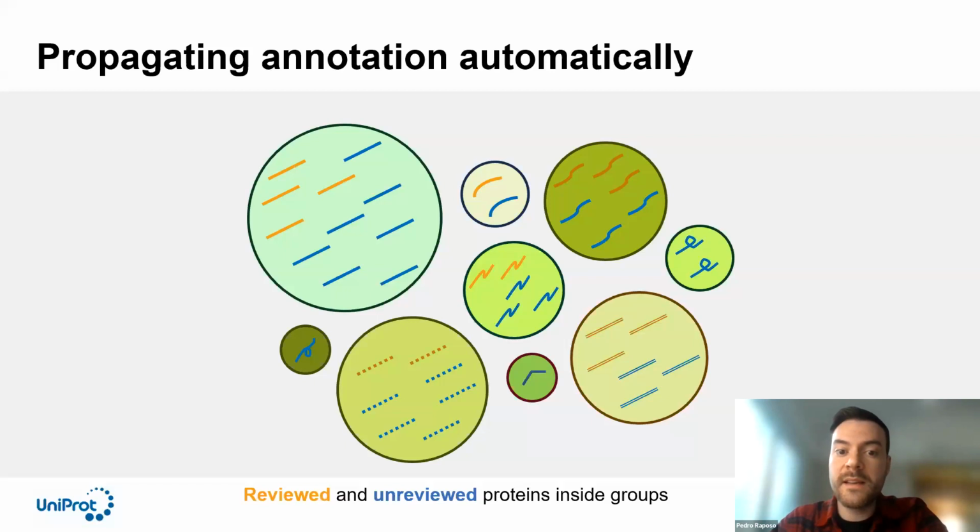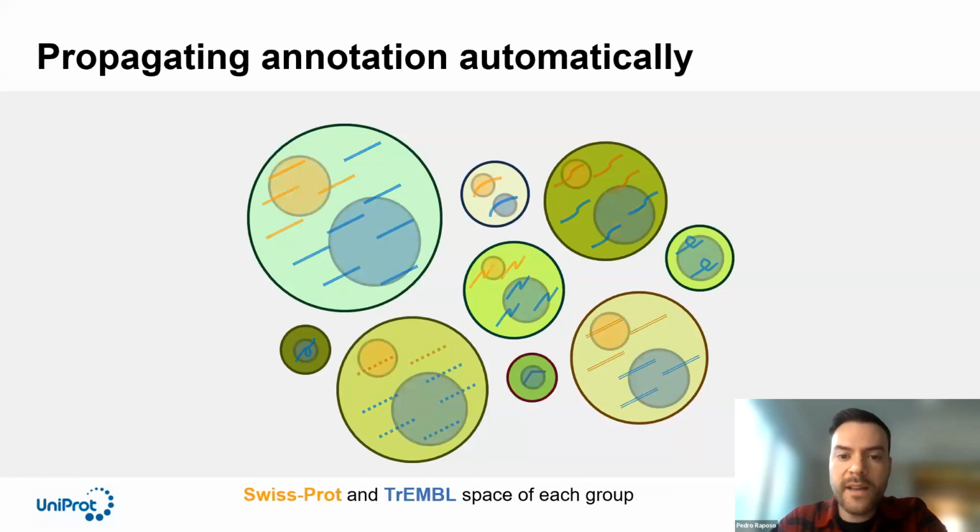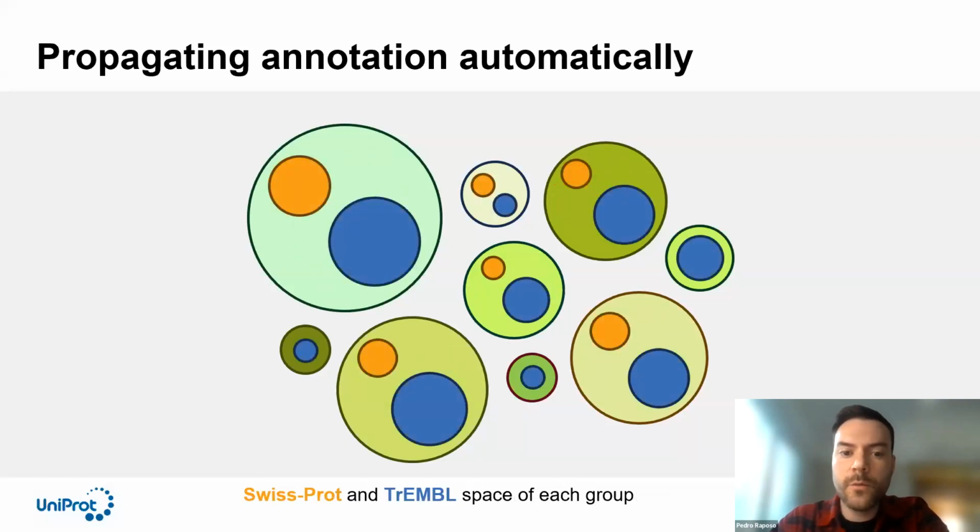Then what we observe inside each group is a mix of proteins that have been reviewed, colored orange, and proteins that are still unreviewed, colored blue. So we can think of this a bit more abstractly. We can say that each group is composed of a SwissProt space and a TrEMBL space.